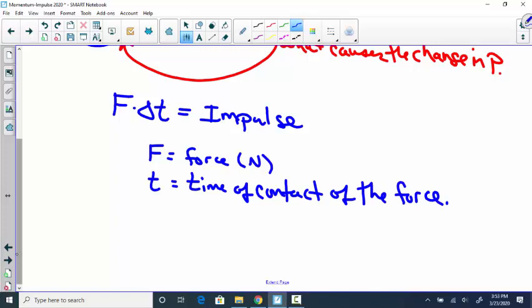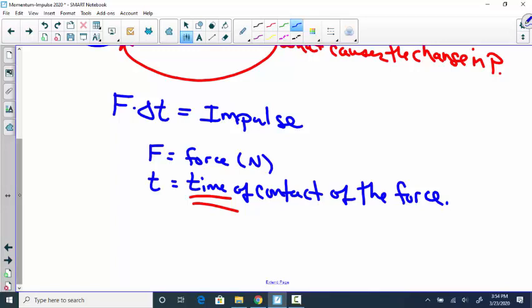And that is something that we've actually never said. We've been applying forces to objects all year long. We have never said one word about how long those forces have been applied. And now all of a sudden that's what we're going to do, we are going to now determine how long those forces are applied.